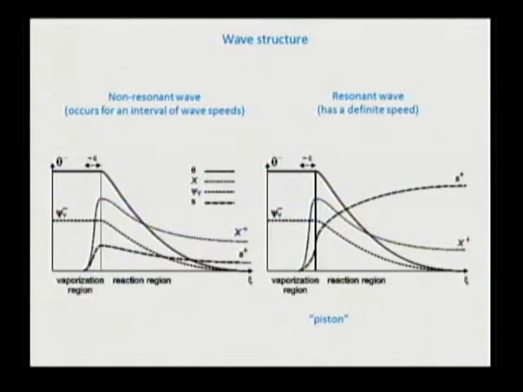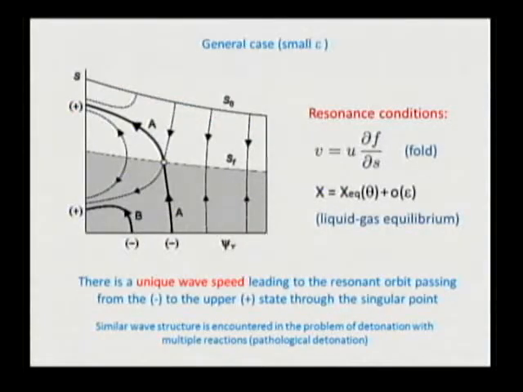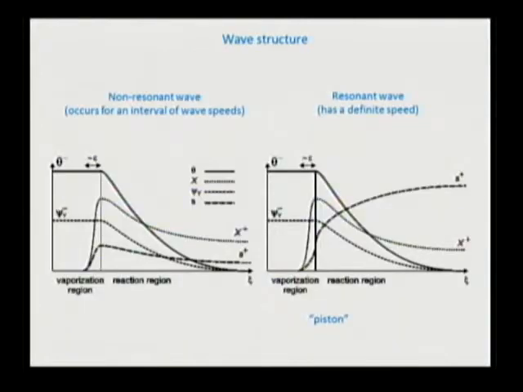There is a temperature profile which goes down, oxygen is absorbed, and there is vaporization, so there are different curves. And we see that we have a vaporization region. This is a singular point, and this singularity corresponds to an infinite derivative of the saturation profile.